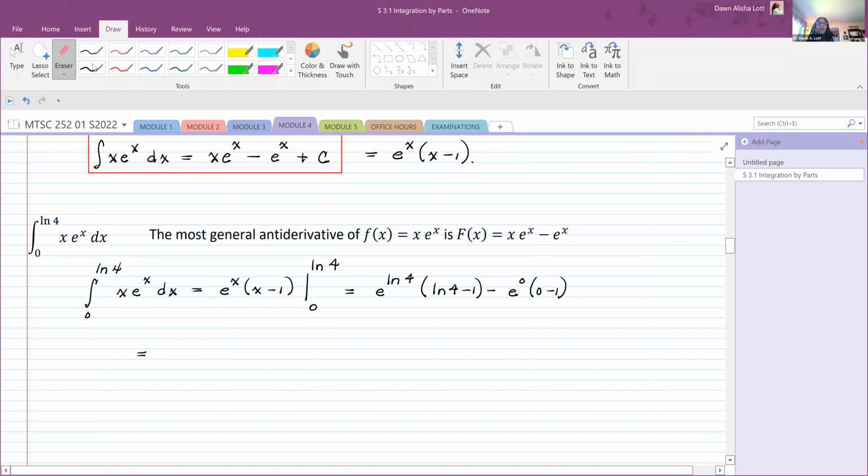What does that simplify to? We've got to remember e to the x and log are inverse functions. So that's just 4, yes. Times the natural log of 4 minus 1. And then e to the 0 is 1, so this is plus 1. And that's the answer.